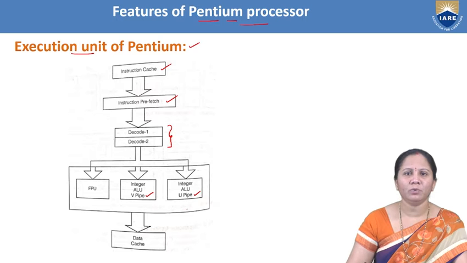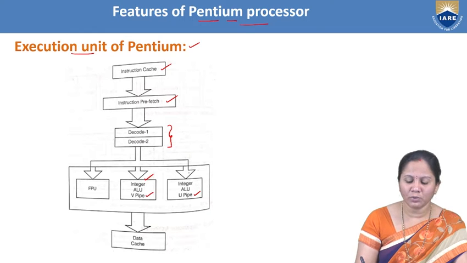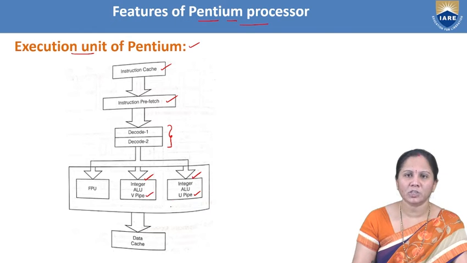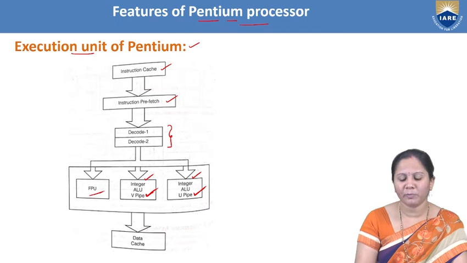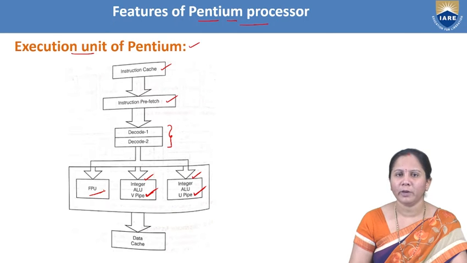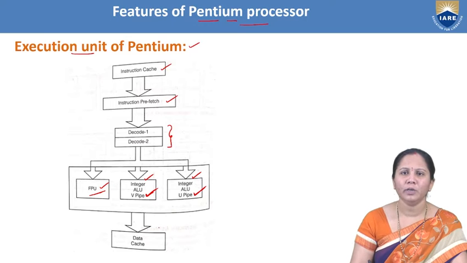Next one is the execution unit. Here we have different execution units. These are the two units that perform operations on integers, with a 2-level pipeline mechanism, each one having its separate pipeline: one is the V pipe, another is the U pipe. And it is also capable of performing operations on floating point with the help of the FPU, which is called the floating point unit.